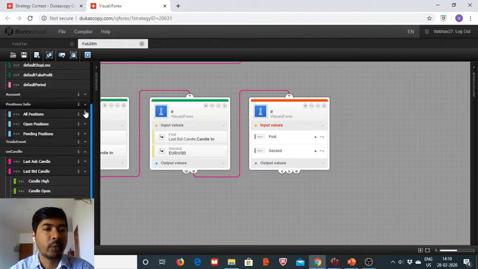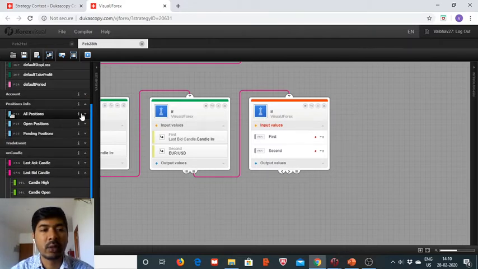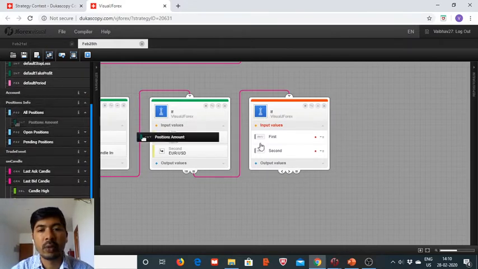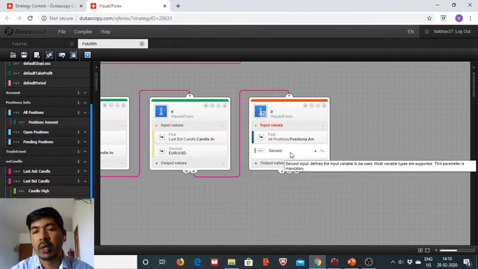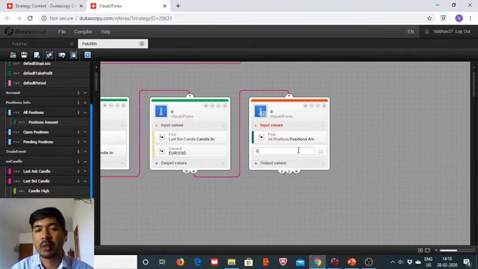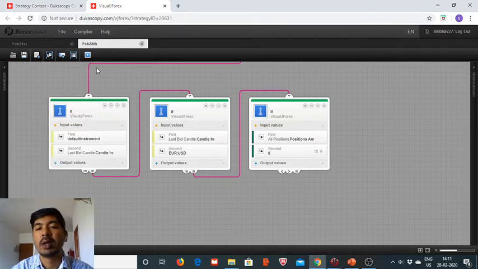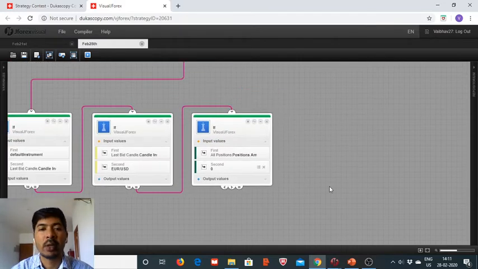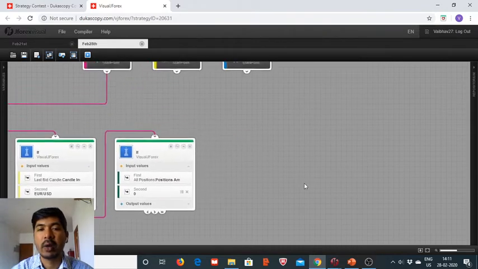Now let's bring in the position info, all position amount. We put it at 0. We don't want any position to be open if there is already one position open on our account.